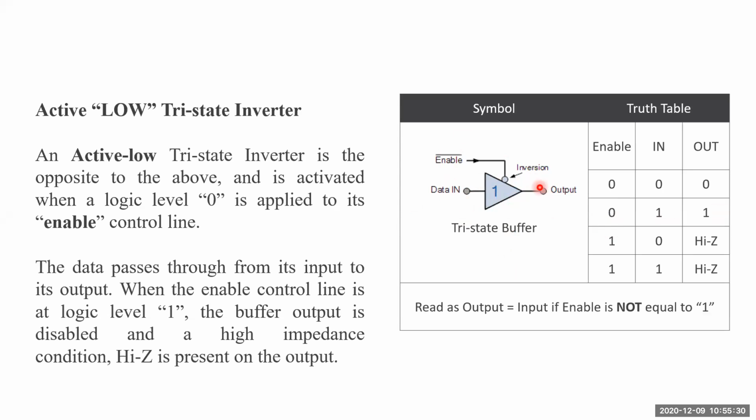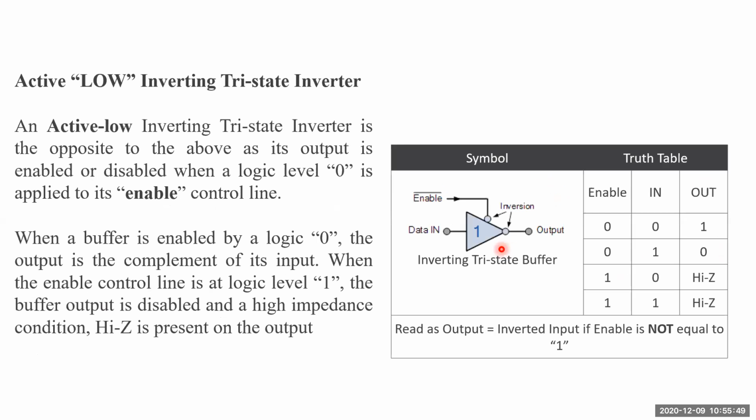Because of that, the output will always result in a high impedance, that is called high Z, for both logics of the input whenever enable equal to 1. This is regarding the active low tri-state inverter or tri-state buffer operation.